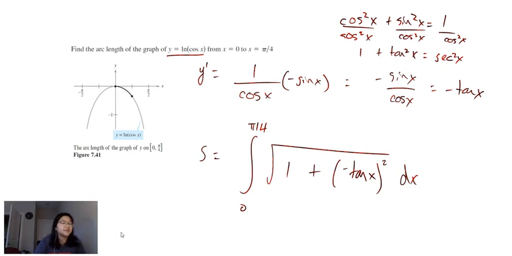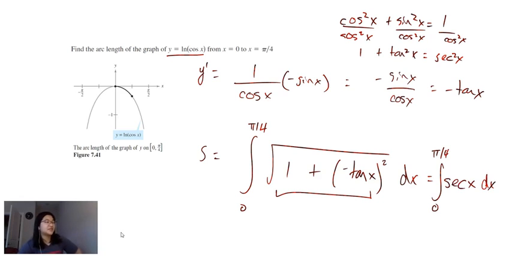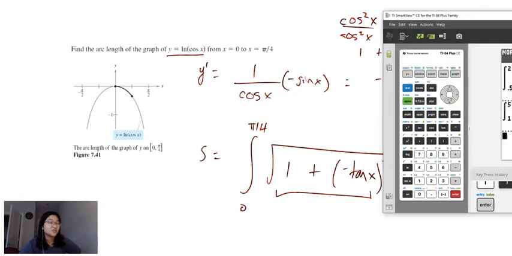So that's nice because then everything in here is just secant squared. So we get integral from 0 to pi over 4 of secant x dx, and that is just lovely, right? Because we can just put that in.